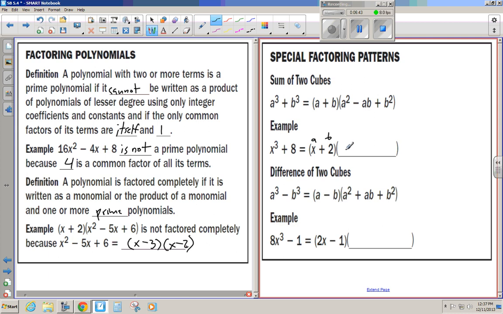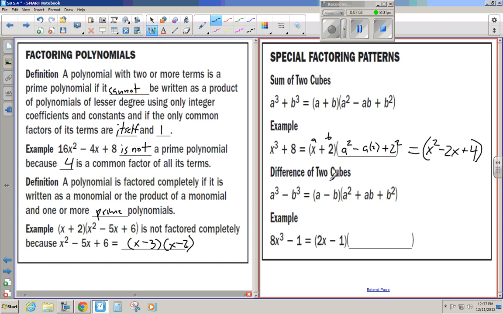So then that means a squared minus a times b plus b squared, which ends up being x squared minus 2x plus 4. All right? That's one of the factors.